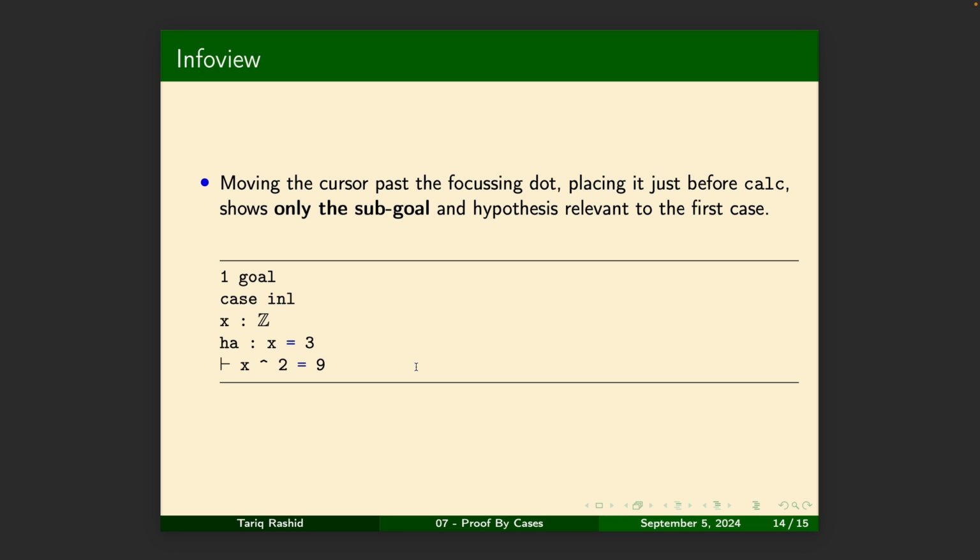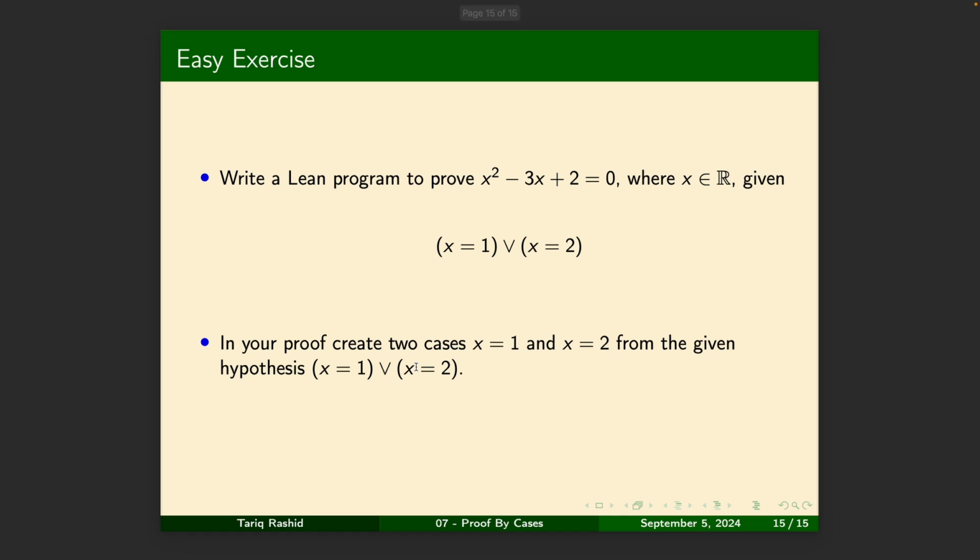It needed some interesting things to be done with the hypothesis and splitting into cases. So I would say this is the first really meaty, interesting type of proof structure that we've learned about how to write in Lean. As always, we finish with what we call an easy exercise.